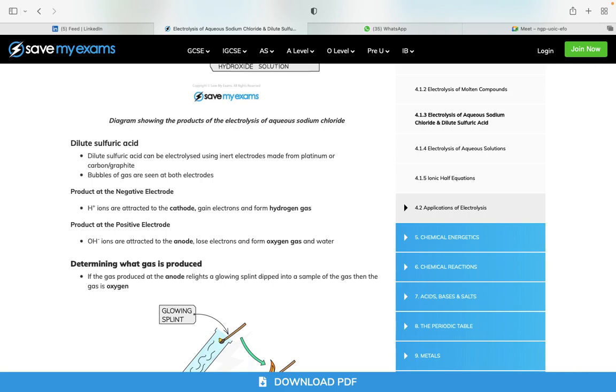So they will migrate to the cathode, and then they will gain electrons. When they get to the cathode, they always gain electrons. They gain electrons, and then they will become hydrogen gas. Okay, this is the equation at the cathode.